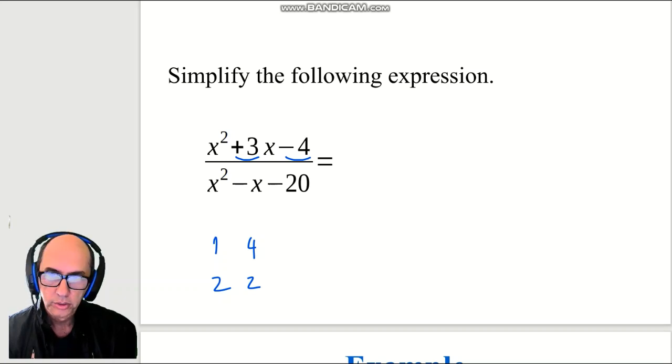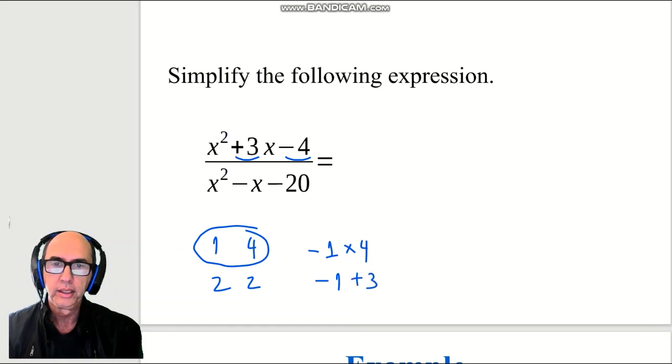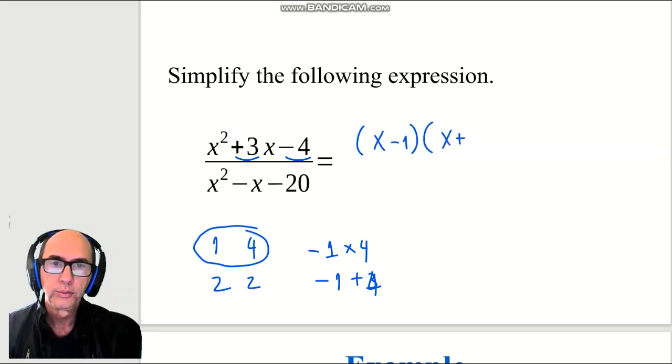The only two numbers that give negative 4 as a product and positive 3 as the sum will be negative 1 and 4, right? Because negative 1 times 4 is negative 4, negative 1 plus 4 is positive 3. And we can write x minus 1 times x plus 4.